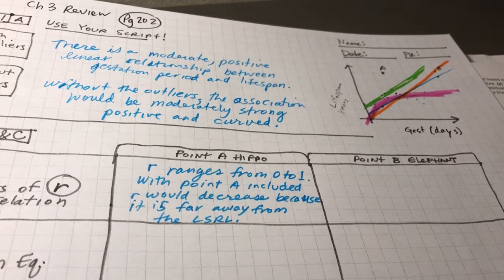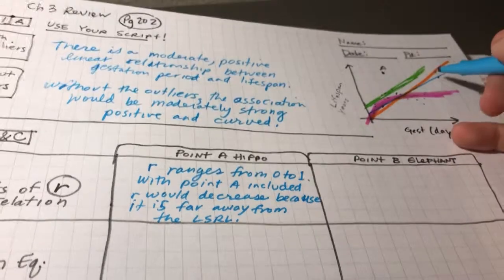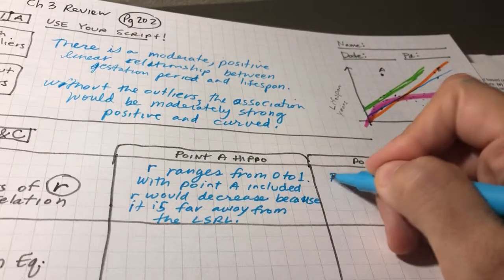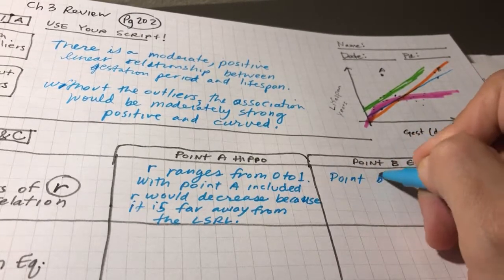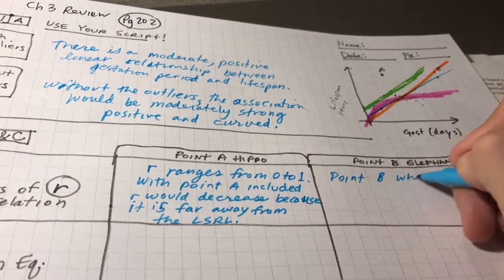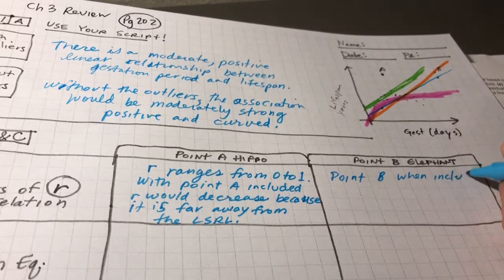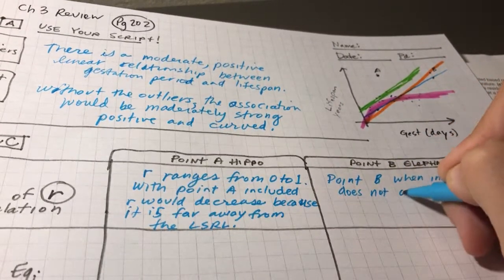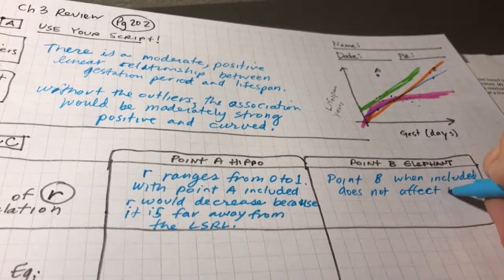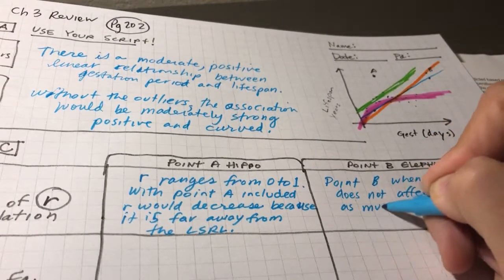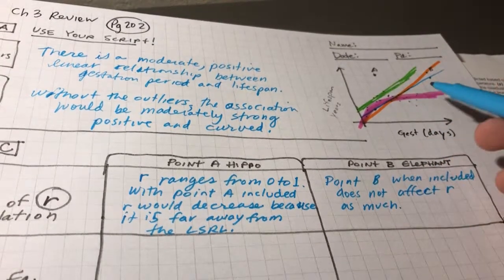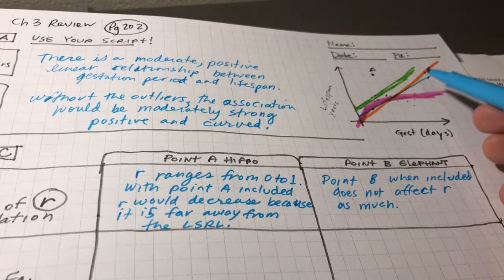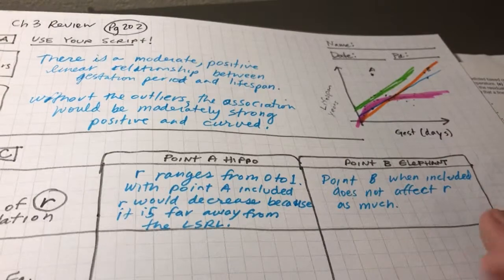So this is very different, where point B, when included, does not affect R as much. Because point B actually, if I extend my line of best fit, would fall close to the line, and A is way off.